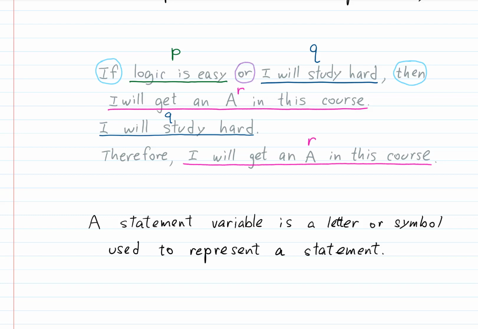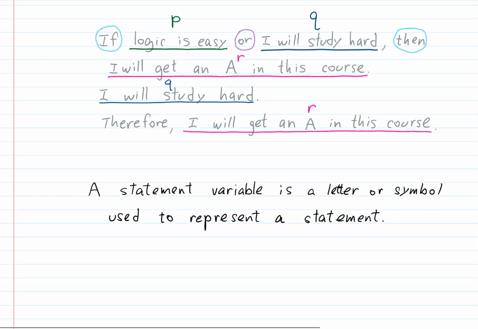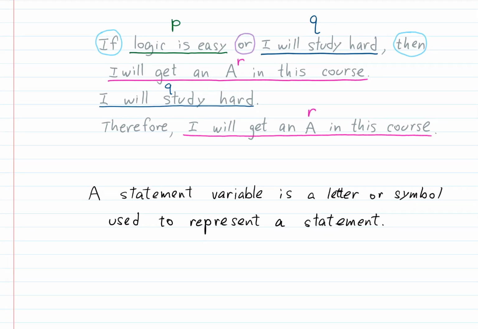So that argument could have been written like this, and then you'll see that this is a lot shorter. I could have said, if P or Q, comma, then R, period.